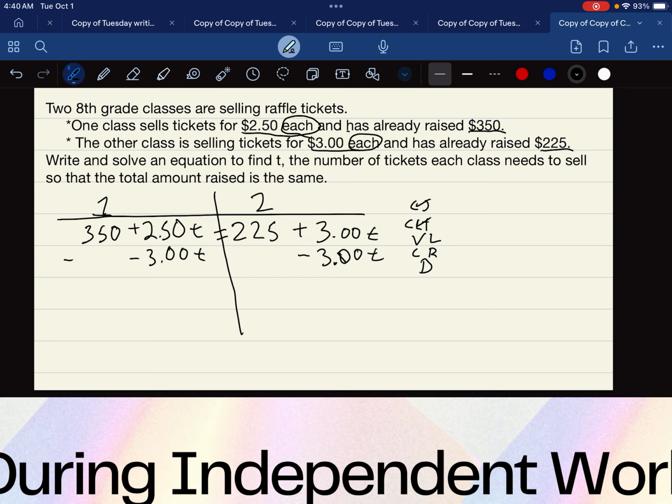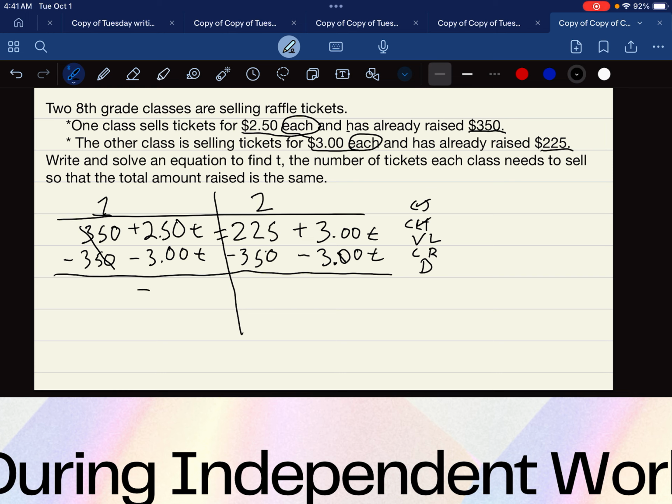All right, minus 350, minus 350. And yes, you could have absolutely took your constant right and your variable left, or your variable right and your constant left, even though that's not the way we normally do it. Mathematically, as long as they go to opposite sides, you're fine. This is a 0.